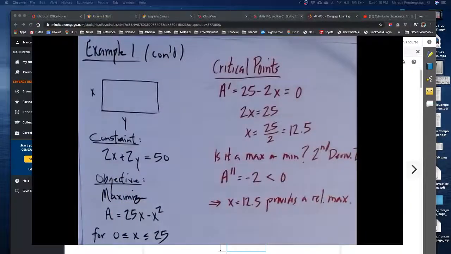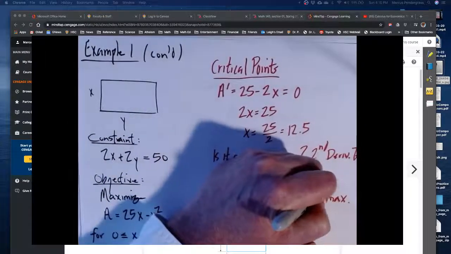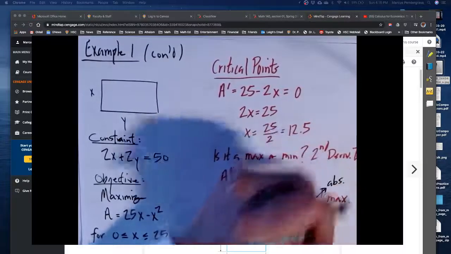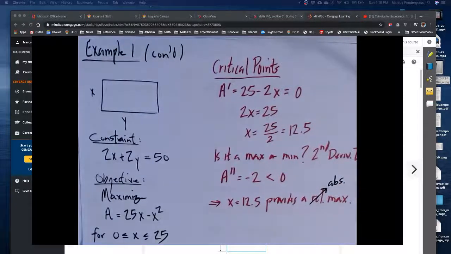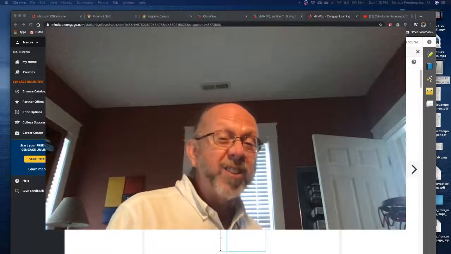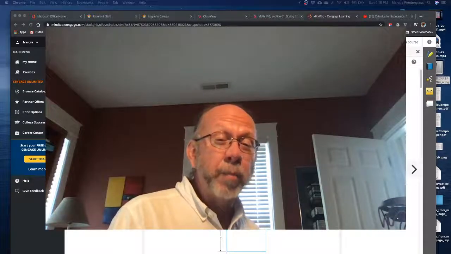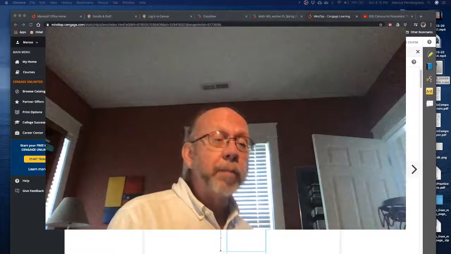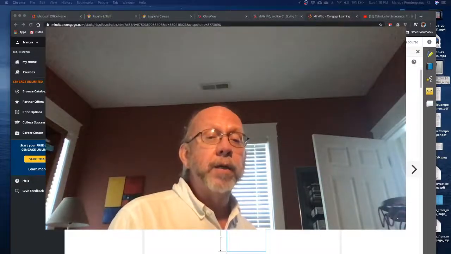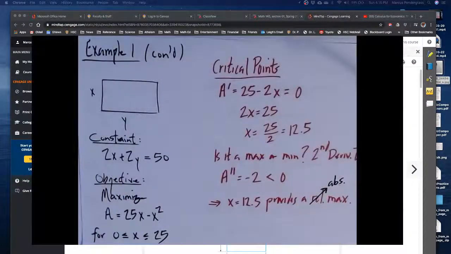So in this case, because the function is always concave down, this is not only a relative maximum, it's the absolute maximum. And in a lot of practical problems, you are interested in not just whether a point provides a relative maximum, but actually whether it provides the absolute maximum or not. And so we have that information here.